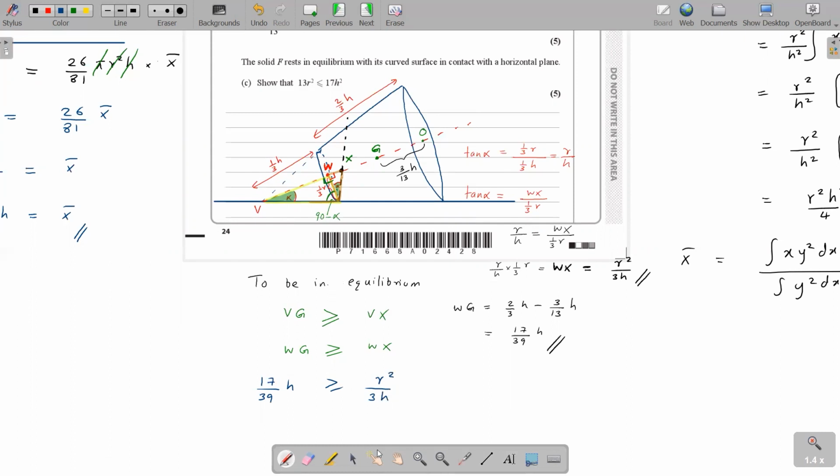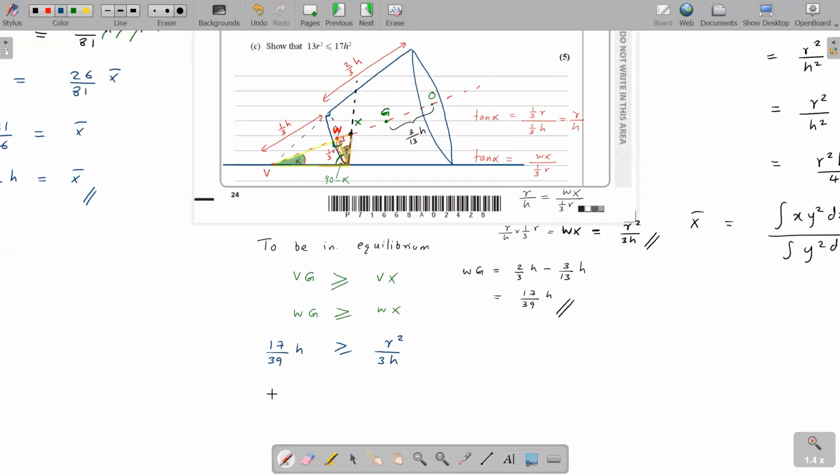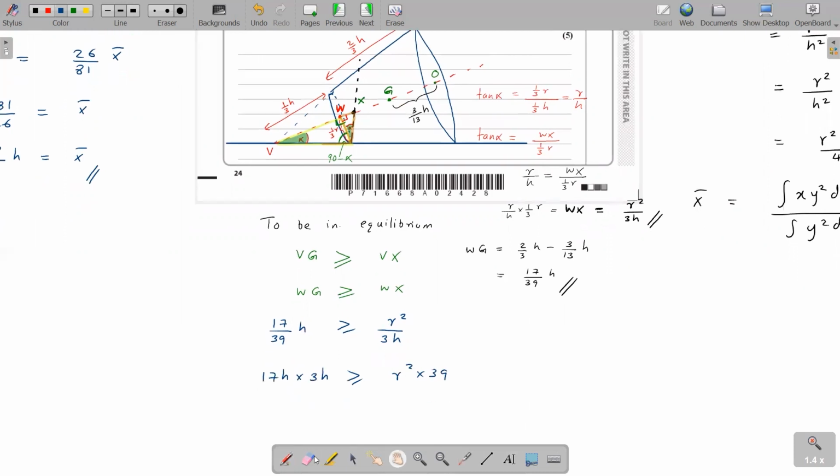So now cross multiply and let's get the answer. 17h into 3h greater than or equal r squared into 39. Are you with me? So 17h into h is h squared. I think I can see 39 and 3 I can divide. Shall I divide the 39 and 3? So I get here 17h squared greater than or equal 13r squared.